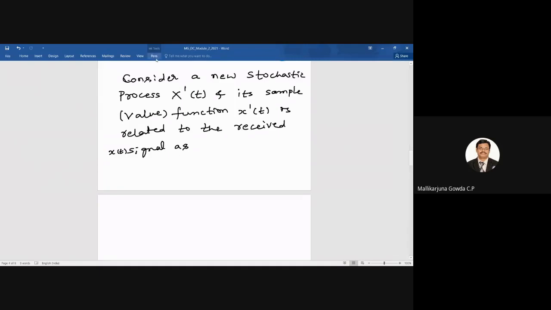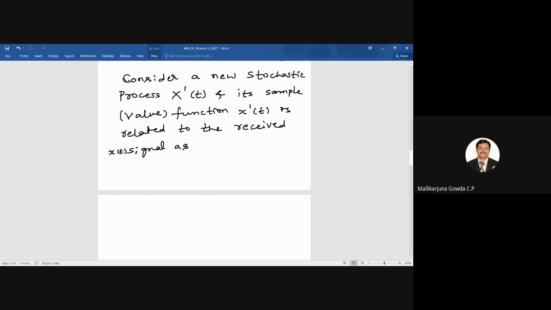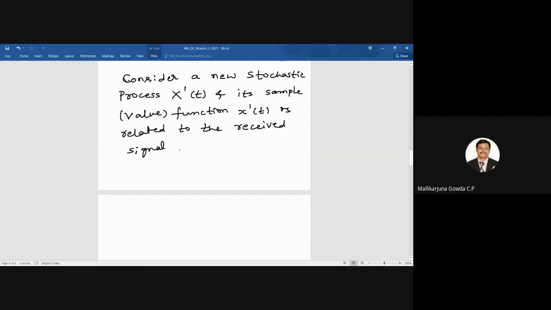Received signal x of t. I gave a clue, it can be related with respect to that.